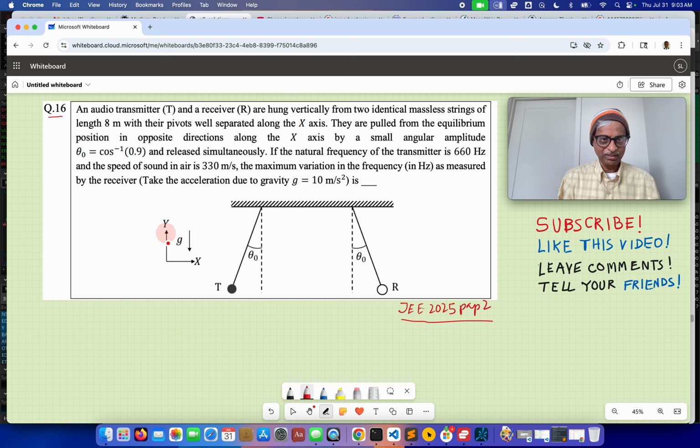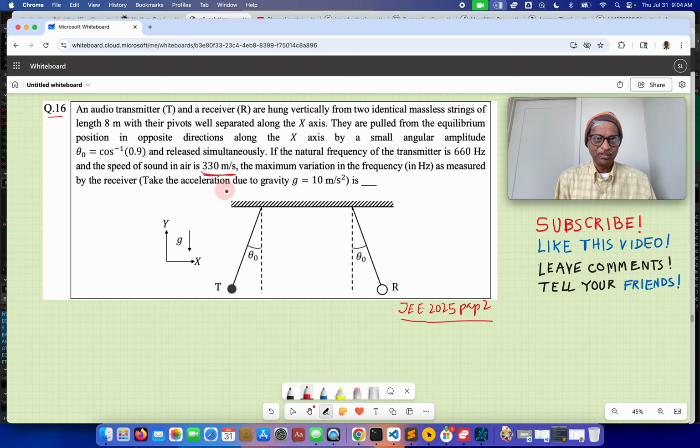Here is a frame with respect to which these objects are being observed. This is a fixed frame, some air, and sound waves travel in it. They give you the speed of sound to use.